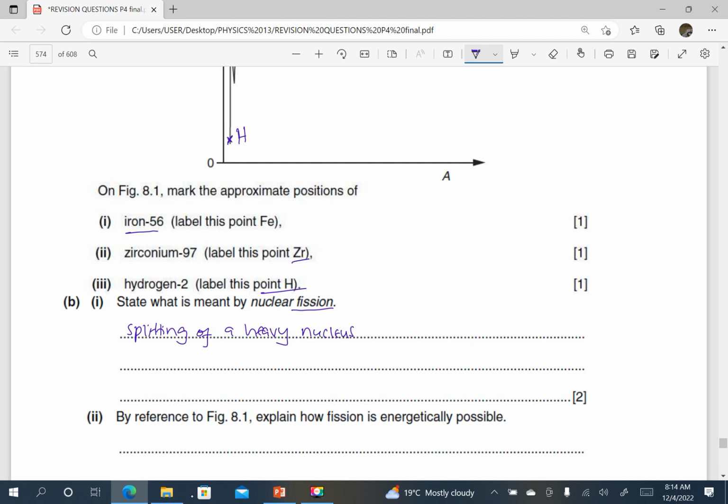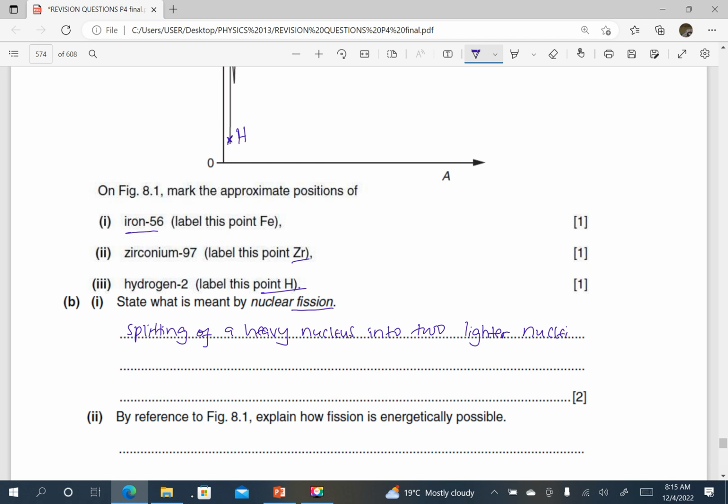Splitting of a heavy nucleus into two lighter nuclei. Remember, nuclei is a plural. And these are normally of approximately the same mass, and they actually have higher binding energy per nucleon.